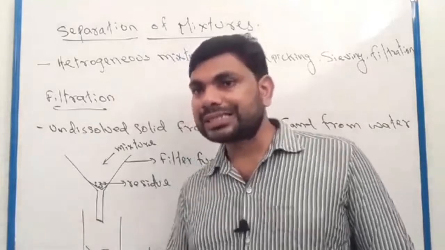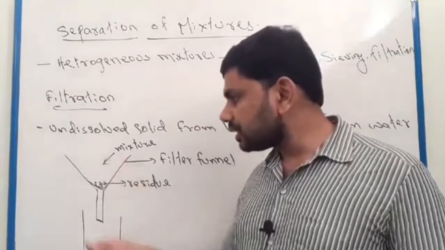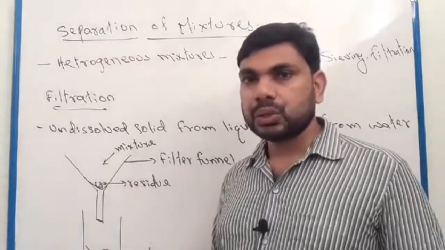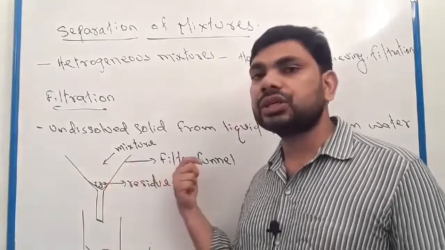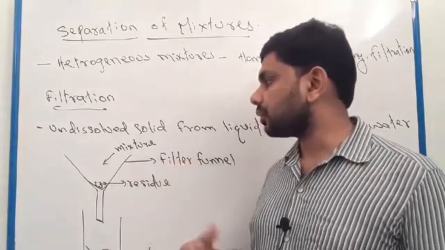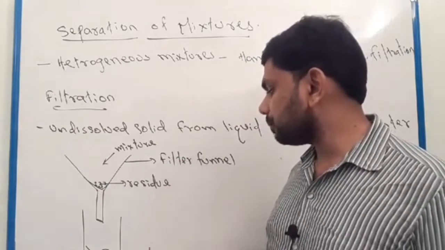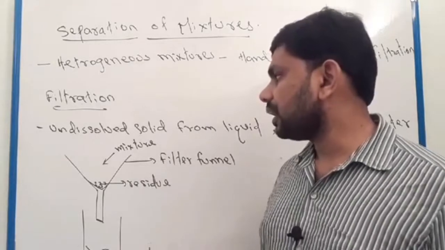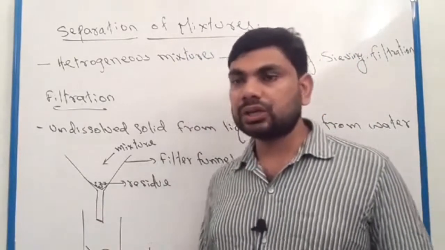Water, the liquid which came down, is called filtrate. This method is called filtration. So the special apparatus used for filtration is the filter funnel. Okay, so remember here: filter funnel, residue and filtrate. And this is one example for heterogeneous mixture.